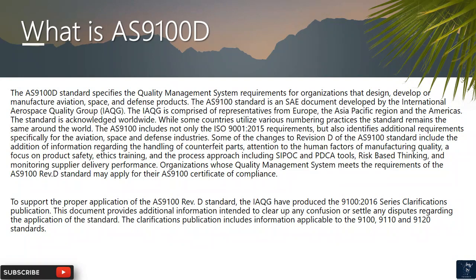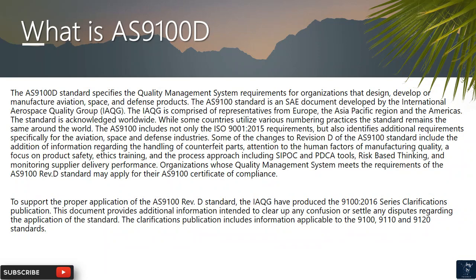The IAQG is comprised of representatives from Europe, the Asia-Pacific region and the Americas. The standard is acknowledged worldwide. While some countries utilize various numbering practices, the standard remains the same around the world. The AS9100 includes not only the ISO 9001:2015 requirements, but also identifies additional requirements specifically for the aviation, space, and defense industries.